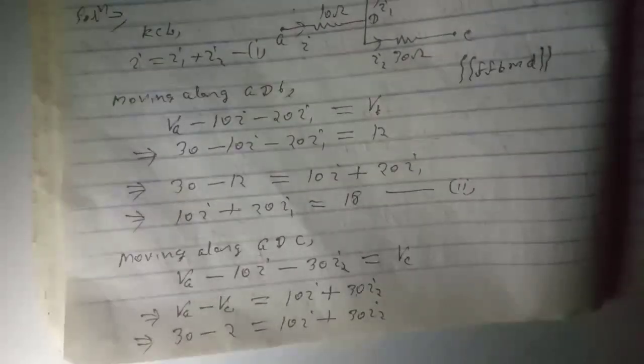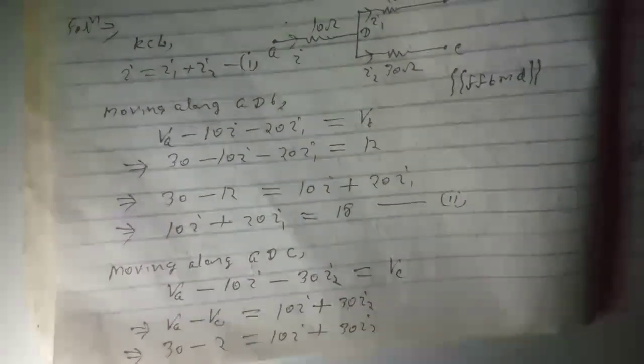This implies 30 minus 2 equals 10I plus 30I2, or 10I plus 30I2 equals 28. This is equation 3.